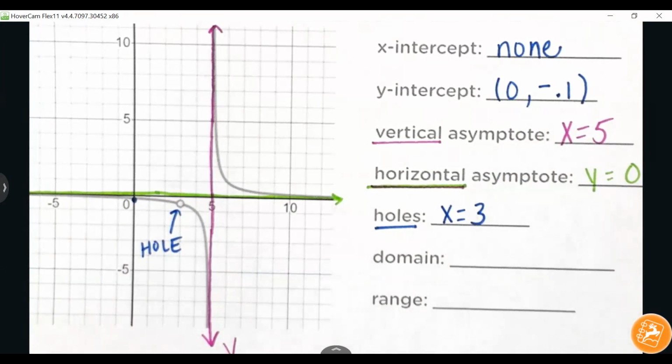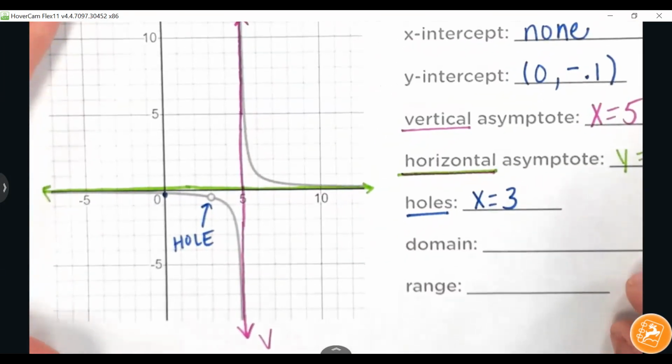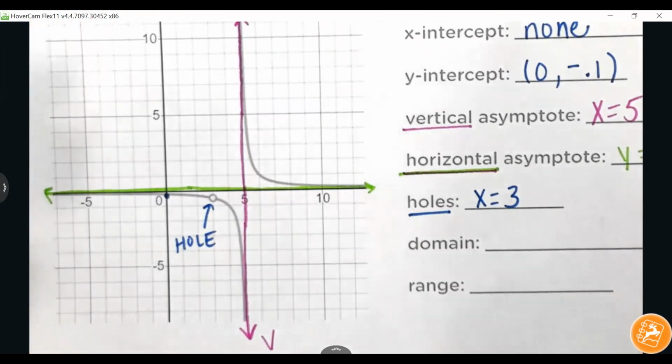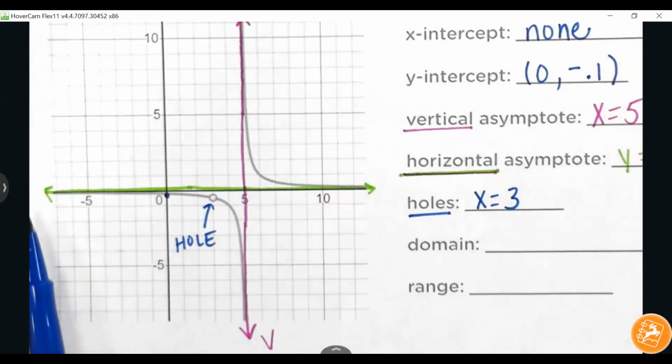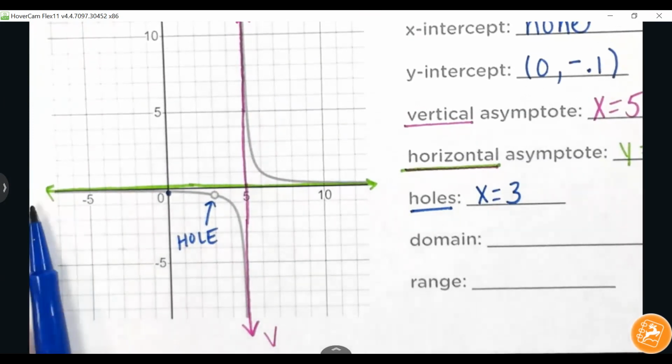Now we're going to do domain and range, and it can get tricky, but pay attention and answer my questions for me. Let's look at domain. Domain goes left to right, okay? Put your pencils down and watch real quick. If I come from the left side, I start at what? What is my graph doing? Negative infinity.